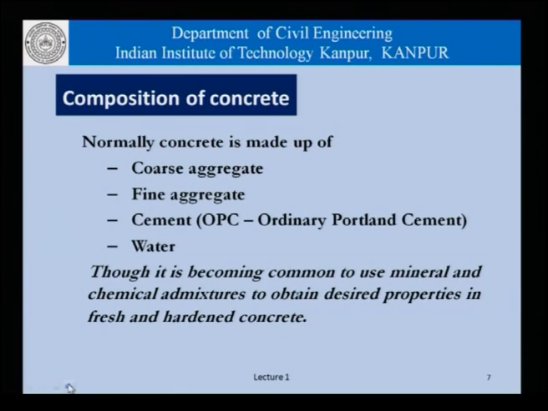In other words, what we are saying is that normally we can consider concrete to be made up of coarse aggregates, fine aggregates, cement, which is OPC for all practical purposes to begin with, and water. However, increasingly mineral and chemical admixtures are being used in concrete as part of the materials to obtain or engineer the properties of fresh and hardened concretes.